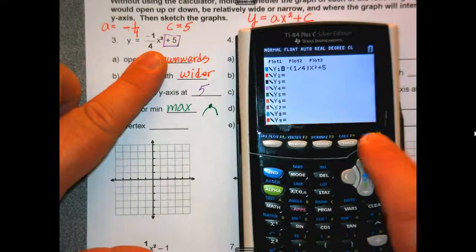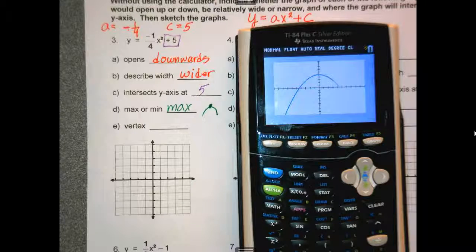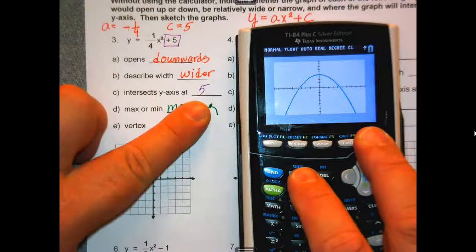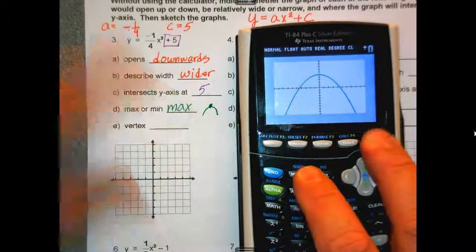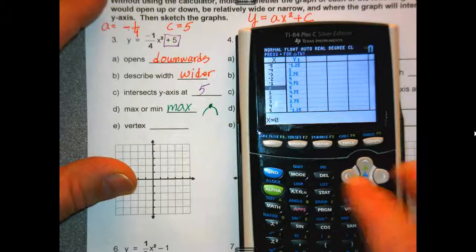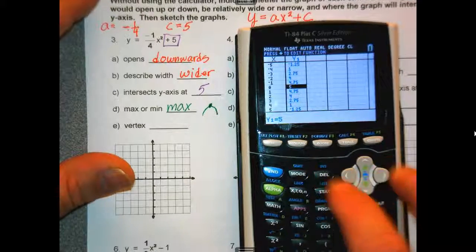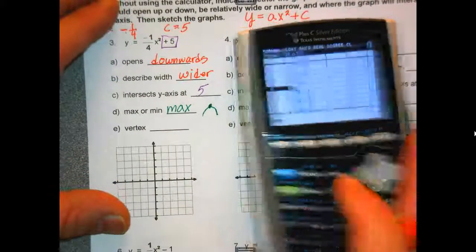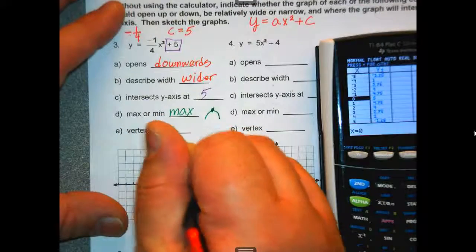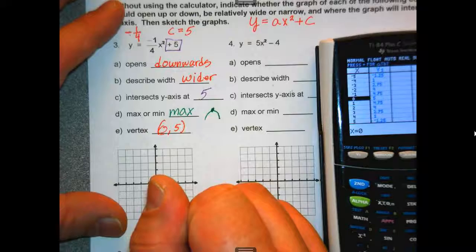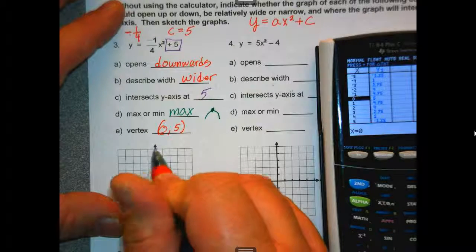I'm going to hit graph. And my vertex, well, I know it intersects at the y-axis. So it should be 0, 5 is my vertex.